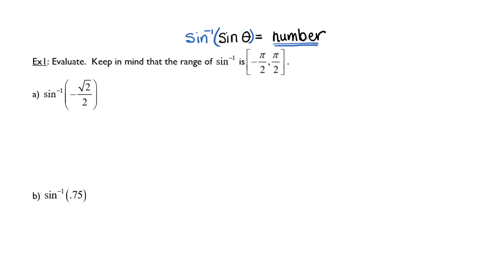And on the right-hand side of this equation, we can stick a sine inverse over here as well. Now, do you see how we can cancel the sine inverse and sine and get theta equals something?